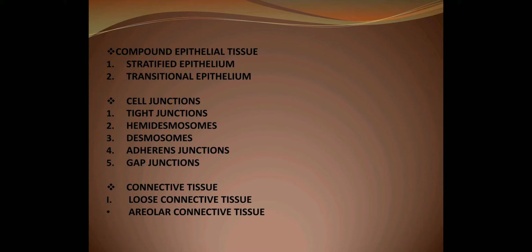Then we started with connective tissue. In that, we started with loose connective tissue, and in loose connective tissue, we studied the details of areolar connective tissue. Now, today we'll start with the second part of loose connective tissue, that is adipose tissue.